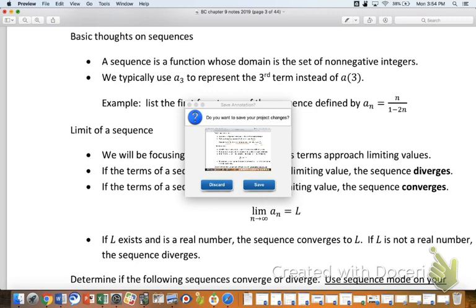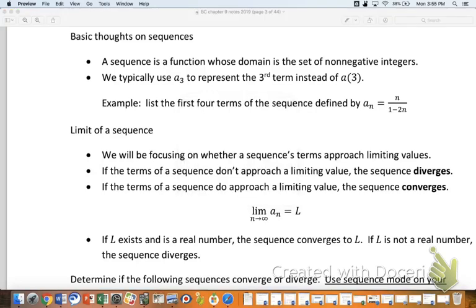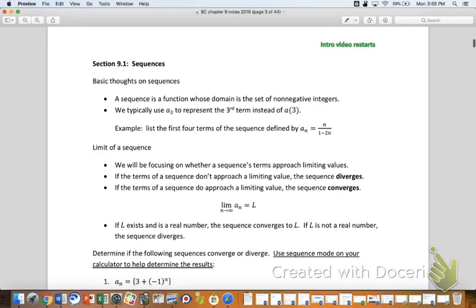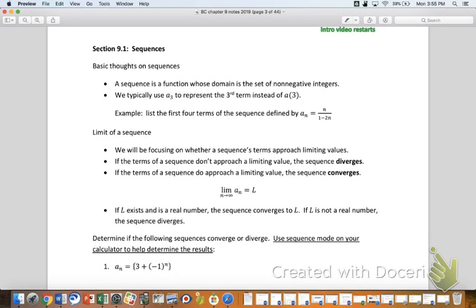So the limit of a sequence. We're going to be focusing on the pattern of the sequence's terms, and does that pattern seem to be approaching a limiting value? Does it seem to be kind of settling on or around a certain value?